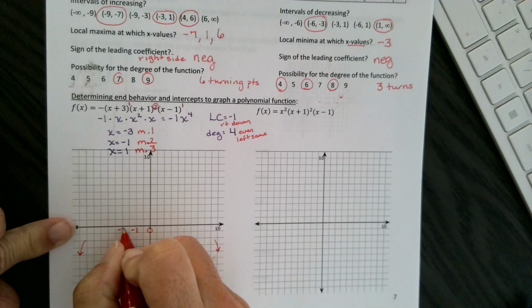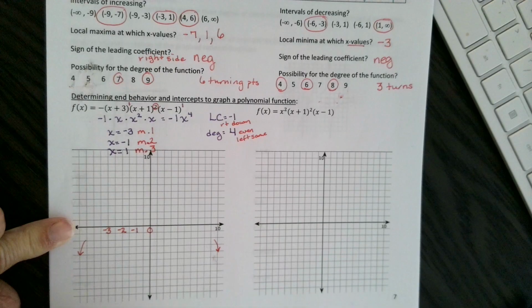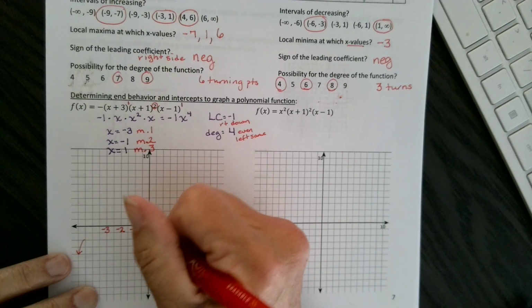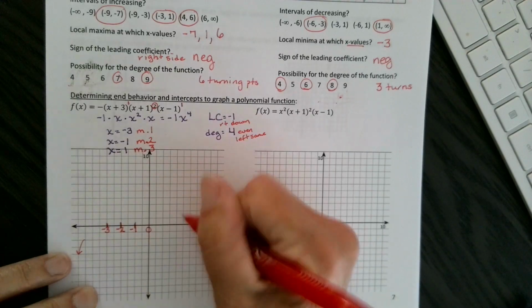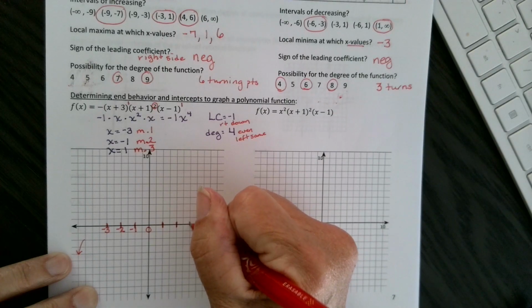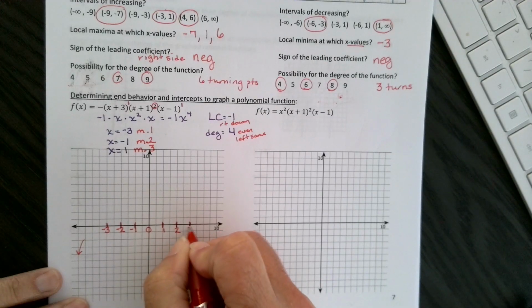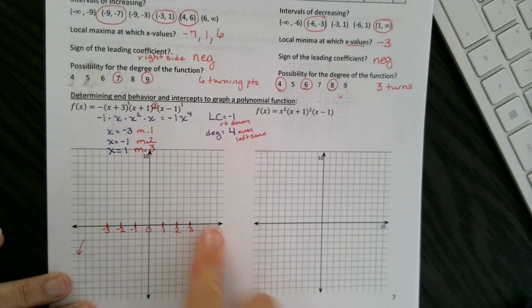I'm going to give this -2, and then every other one -3. You don't have to. It's just going to spread our graph out. So here's 1, here's -1, -2, and -3. Over here, this is going to be 1, 2, and 3. Not that you need all of those. It just is making our graph better. I wish we didn't even have numbers on these graphs, but it makes it nicer.